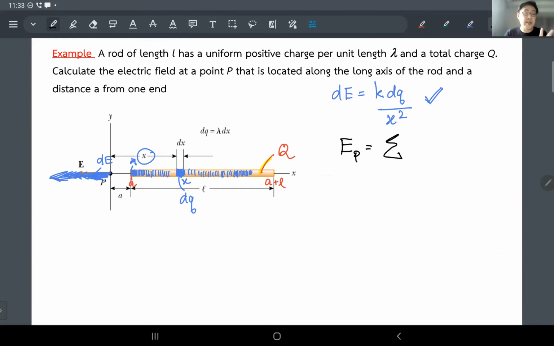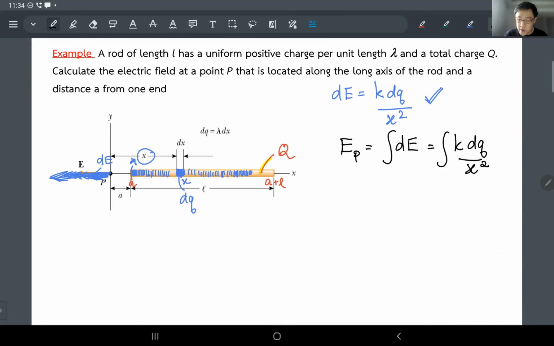But this summation is happening over things that are continuous, approaching an infinite sum, because your dq is super, super small. So this summation turns into the integral of dE. Does that make sense? And that dE is already given as k dq over x squared.